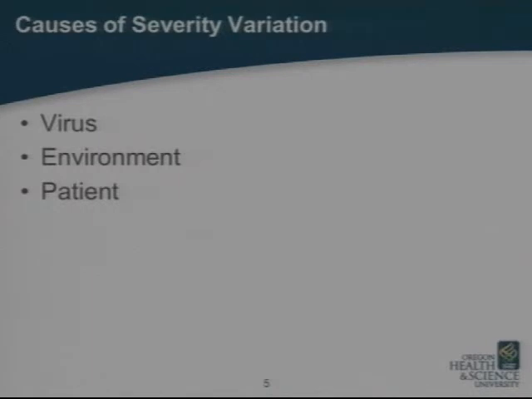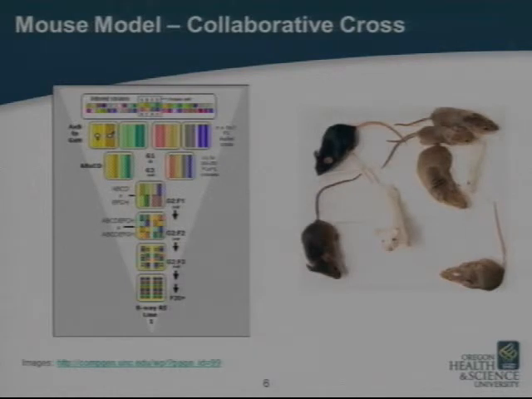So this complexity underlying an influenza infection has made it rather difficult to tease apart the contributions of the individual components that are going into infection severity. So what we'd like is a more controllable model that can potentially shed light on each of the components a bit more readily. One of these that's been commonly used in biology and influenza specifically has been inbred mouse lines.